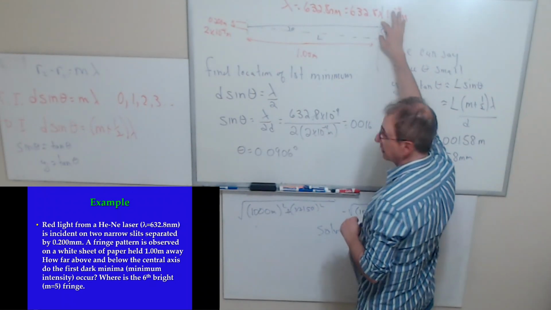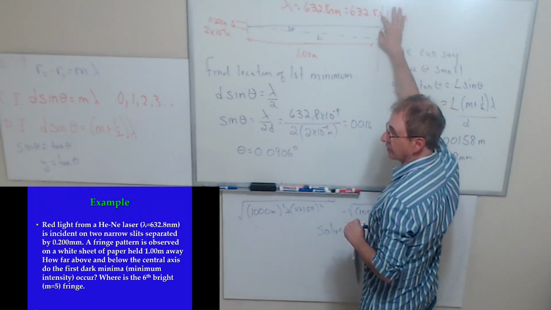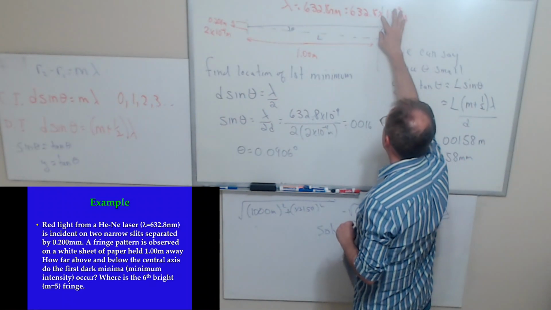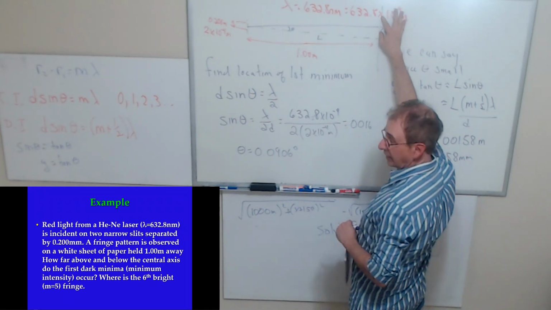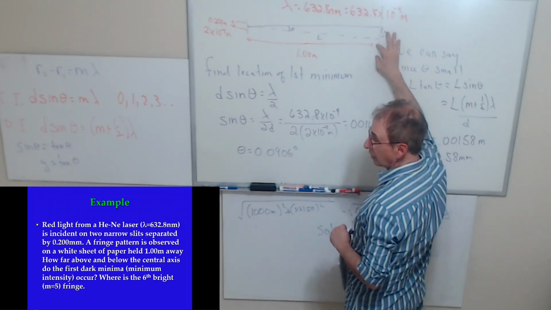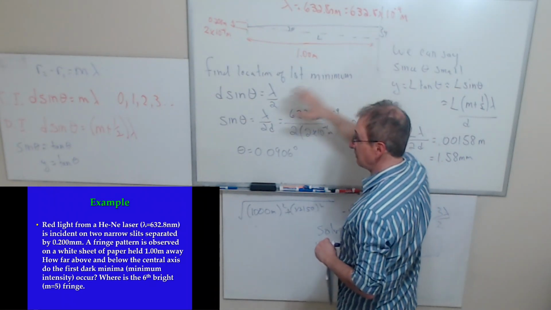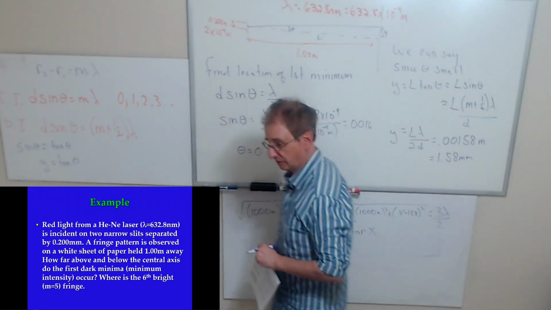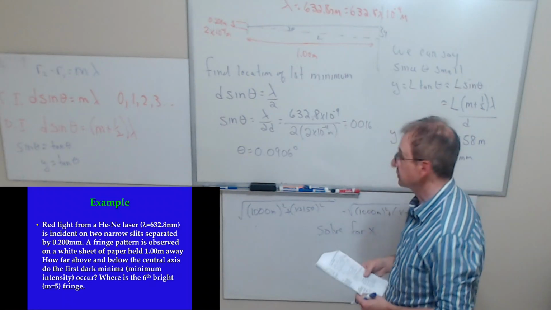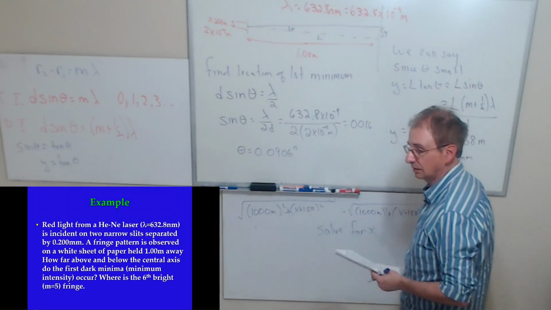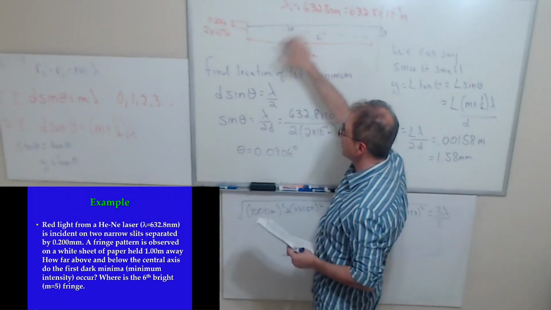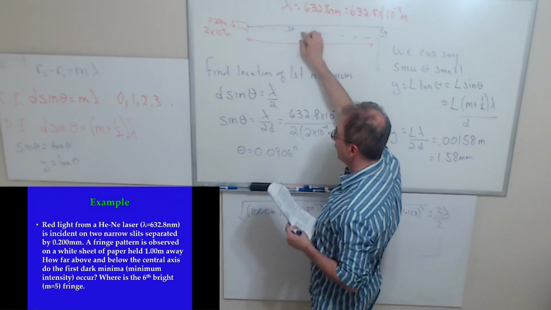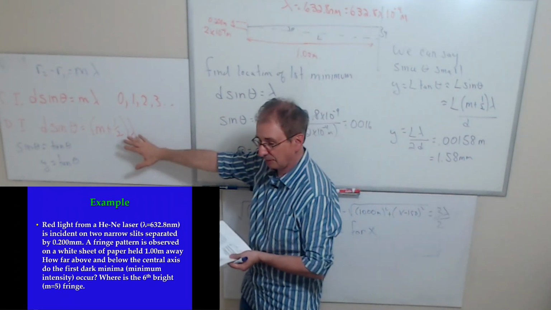So I can define y to be positive above, making m positive, and then negative below. That would make m negative. So m can either be positive or negative here. It just depends on how I define my angle. If I define my angle to be positive, I make m positive. If I define my angle to be negative, I can make my m negative.